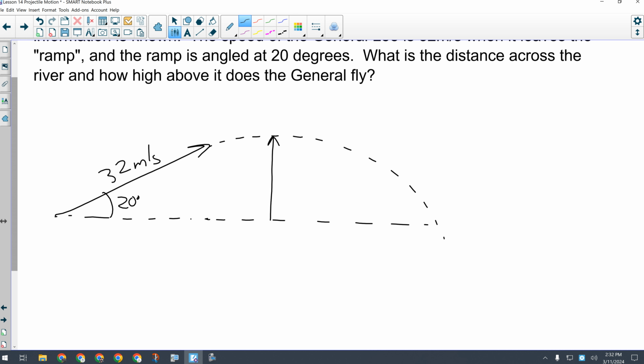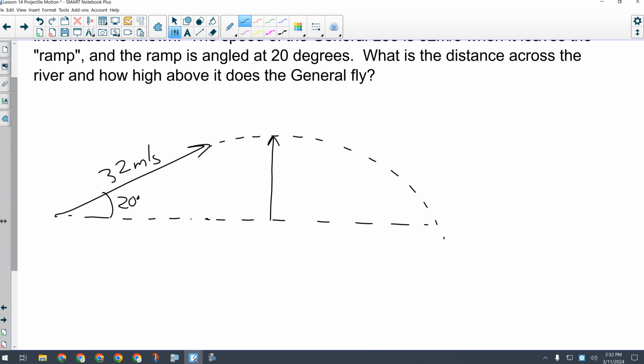Right now we know this. But since this is a vector that is angled, does it have a horizontal component and a vertical component? Right? Any angled vector has an x component and a y component. This one is no different. What we have to recognize is that horizontally, the object is not going to change velocity.